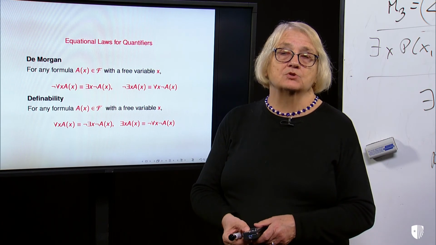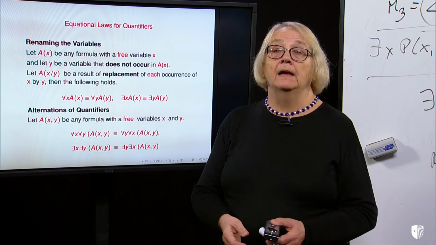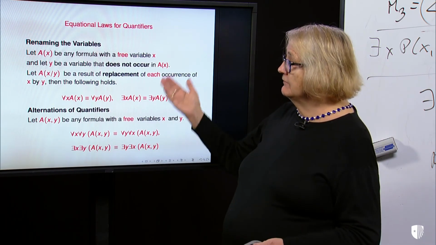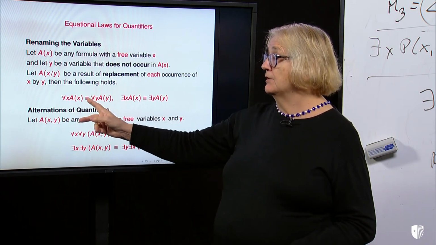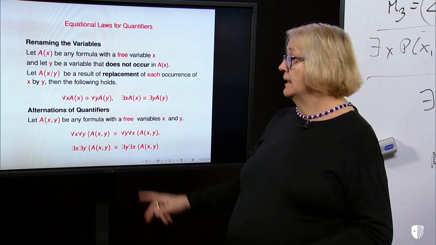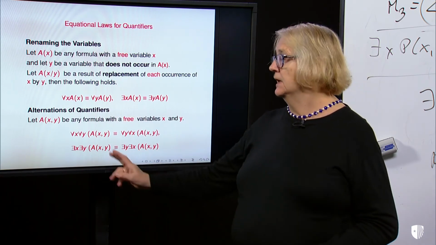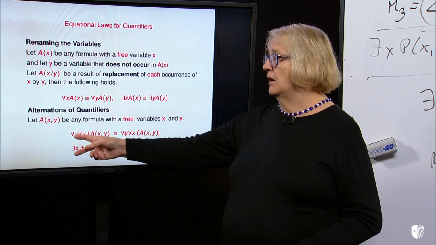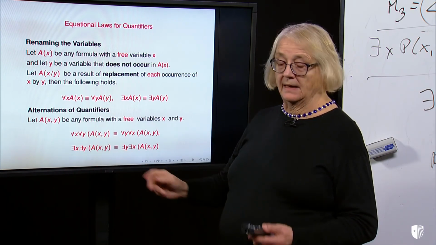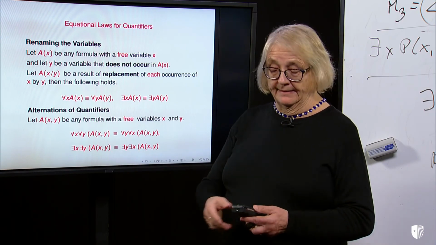But we assume that we wanted to have two. And then there is renaming the variables. For example, for all x Ax, you can replace x by any y, and the same for existential. You have the alternation of quantifiers: for all x for all y is the same as for all y for all x, logically equivalent.